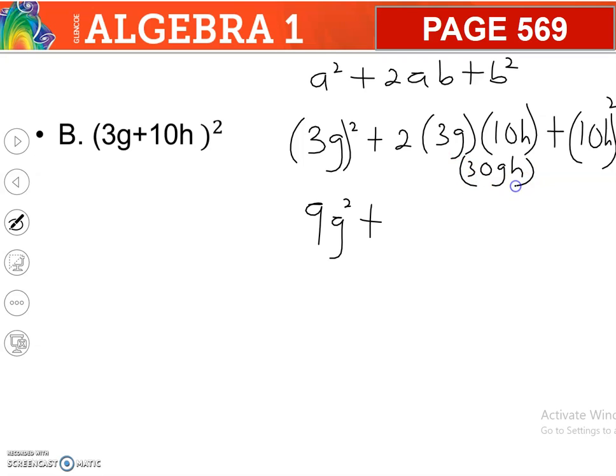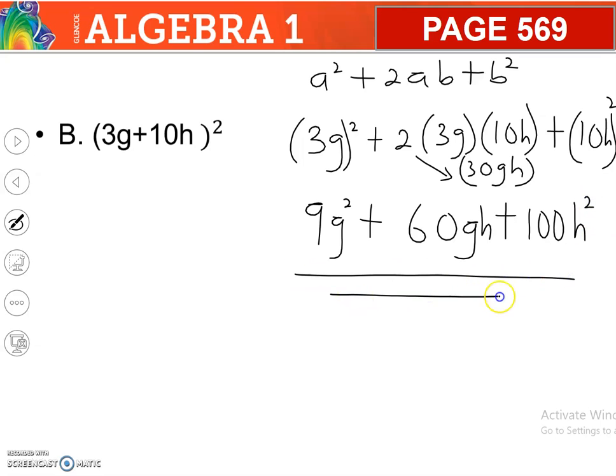So when we multiply it by our 2, we have 60gh, plus, now when we're squaring, we have 10 squared, which will give us 100, and h, attach our square, and that is our answer.